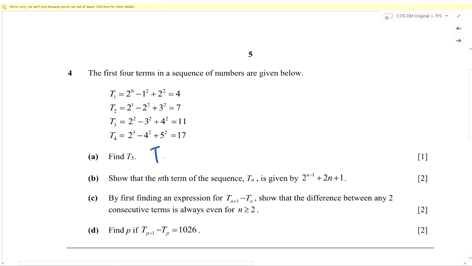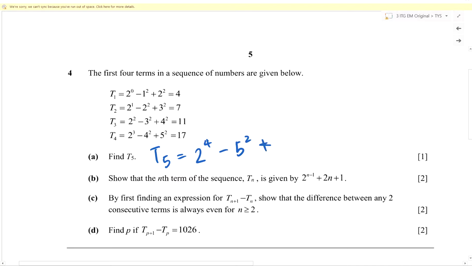So we write T5 equals to, now look at the first number, it is always a 2. So it is 2 power something. We notice that the power is always 1 less than whatever term it is. So this will be power 4. Minus. Now the next number happens to be the same number as the term number. So here we have 5. It is always a square. Put a square.